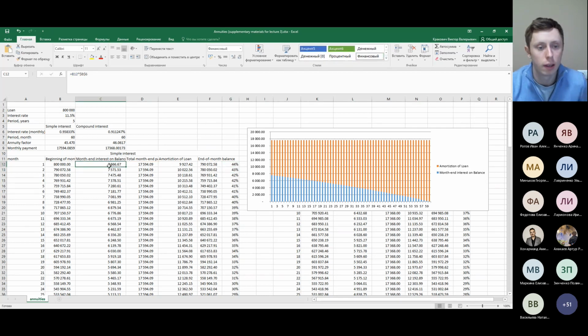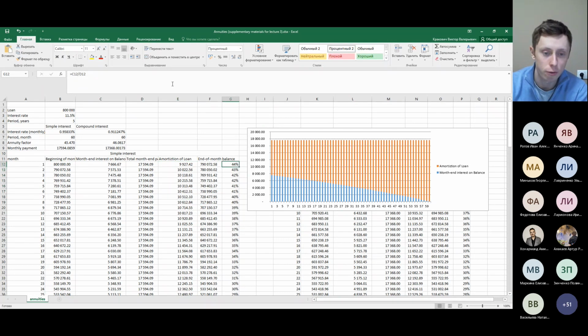So this money is effectively what we pay for the service to use the money that we received. And this money goes to reduce our debt.